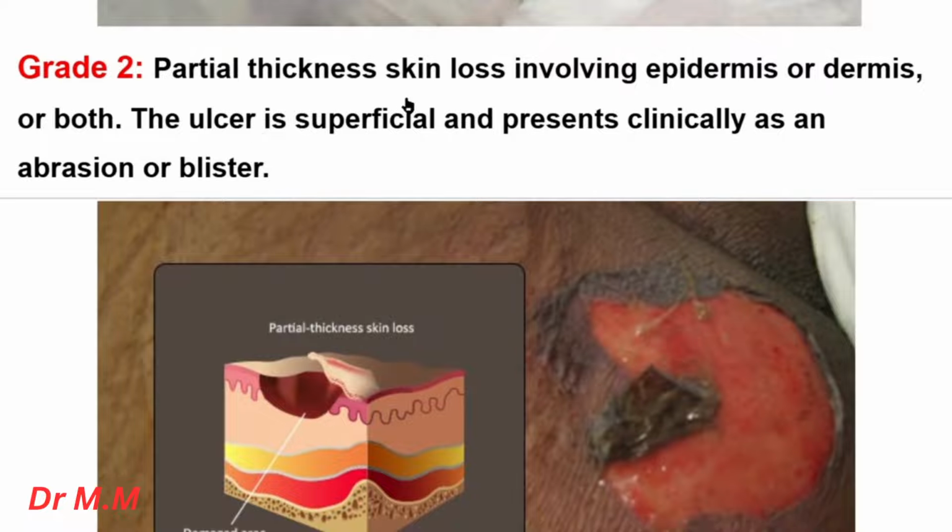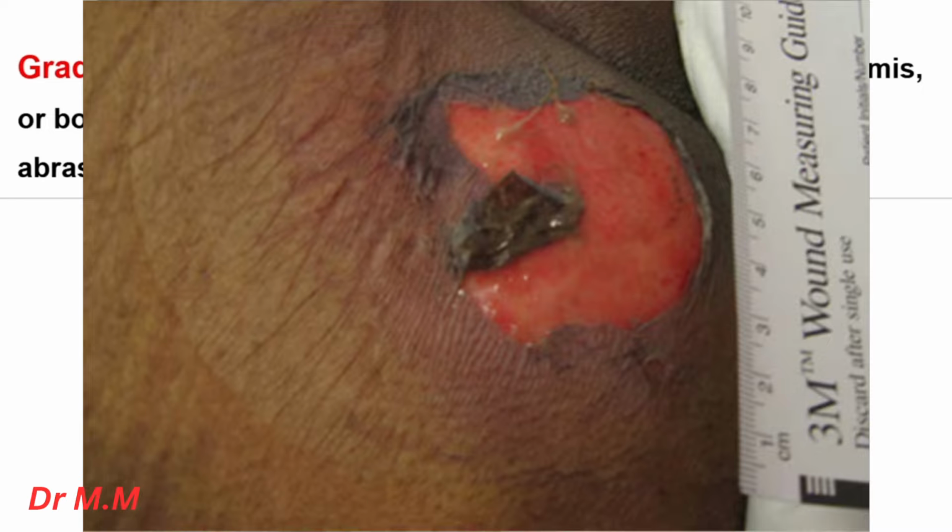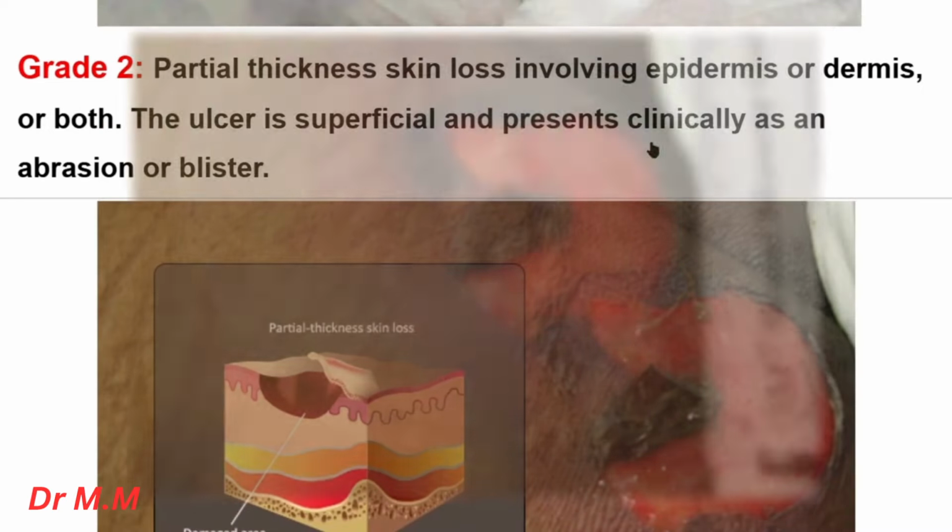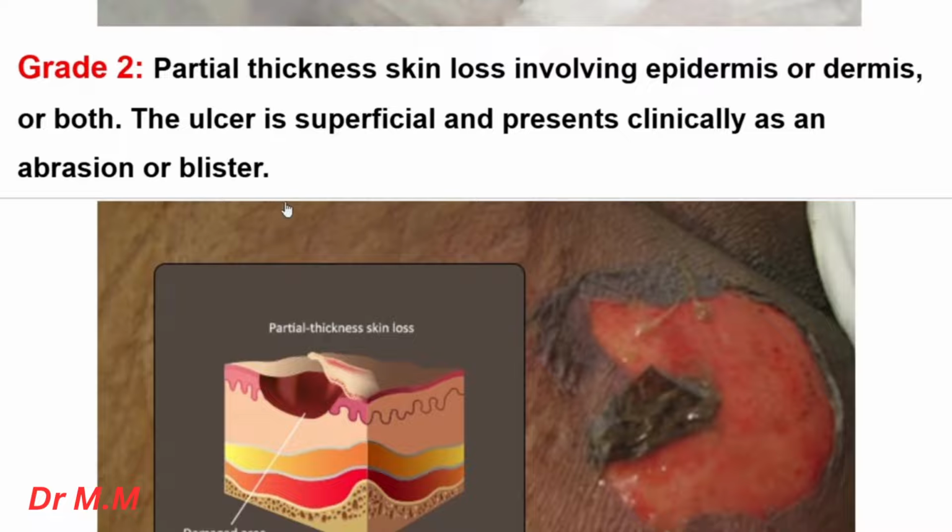Grade 2, partial thickness skin loss involving epidermis or dermis or both. The ulcer is superficial and presents clinically as an abrasion or blister. As we can see here, we can see partial thickness skin loss involving epidermis or dermis or both.